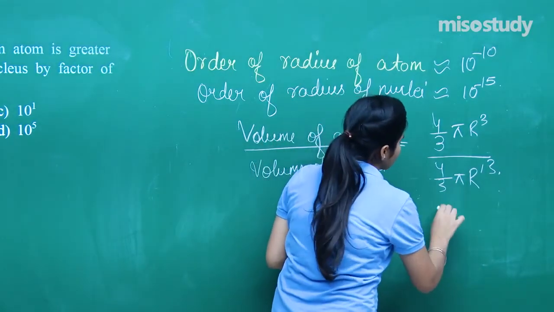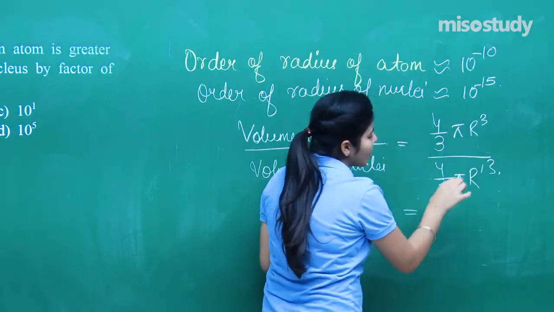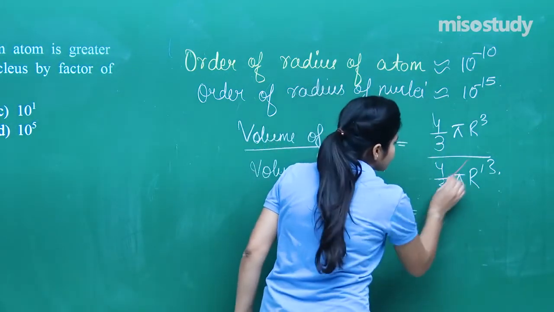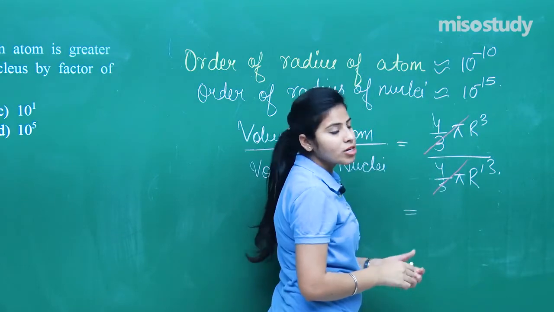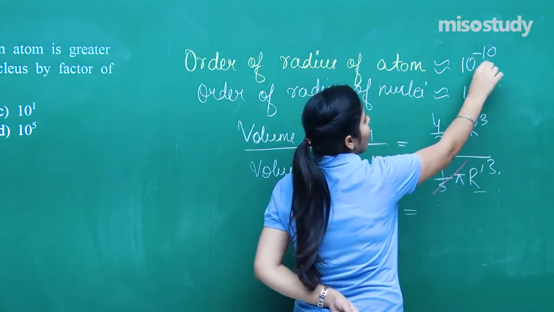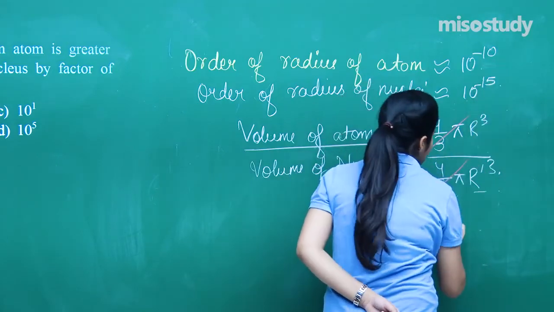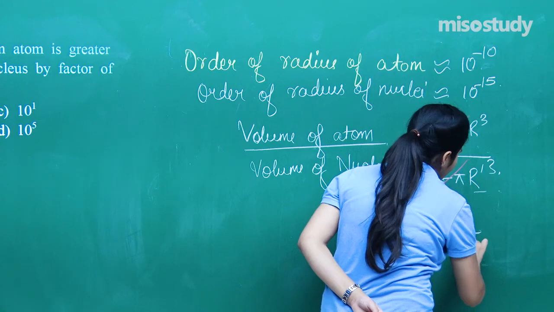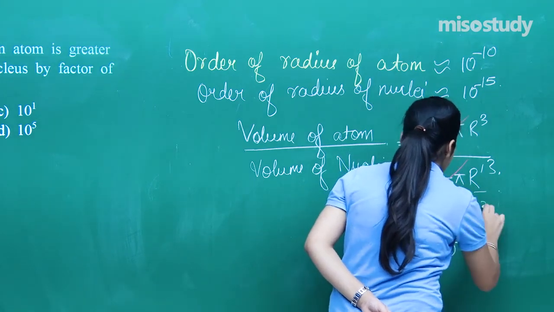Now 4 by 3 pi are the same and constant, so you can cancel them out. You will have the ratio of r cube and r dash cube. Your r cube is 10 raised to the power minus 10 divided by 10 raised to the power minus 15, its cube.